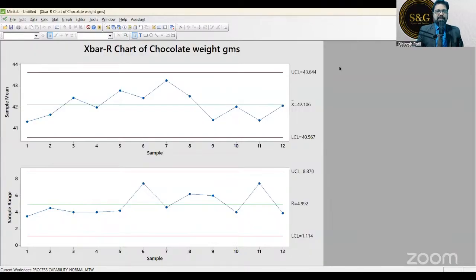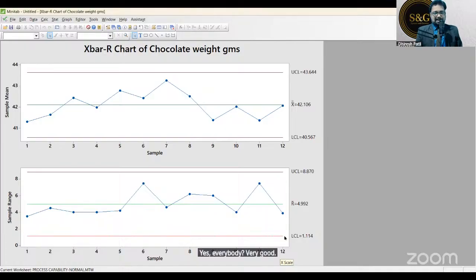And you will find this data being plotted. Everybody got this? Just give me yes in the chat box. Very good.